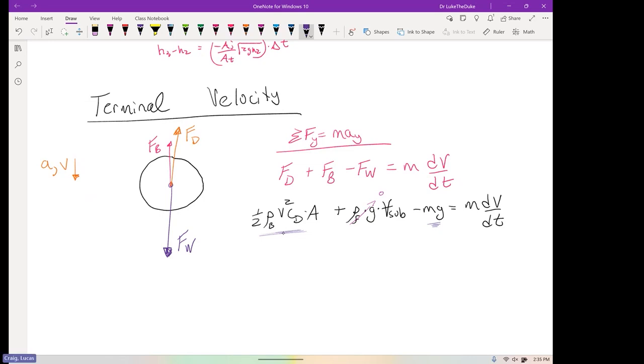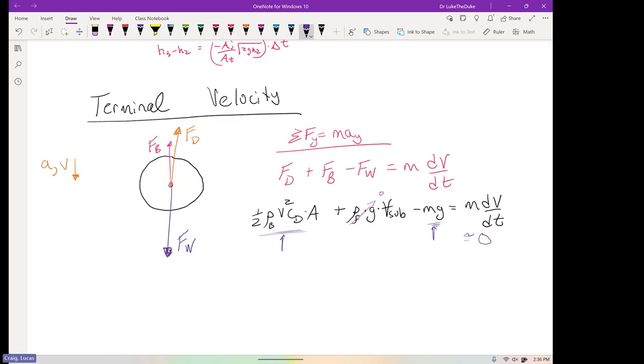So if this number on the left is increasing and this stays the same, what's going to happen? This is going to approach this. And what will this term end up being? 0. When that happens, that is called terminal velocity. You see that now? You ever understood why terminal velocity occurs? It's because your drag force is equaling your weight force, and it can't pick up any more speed.